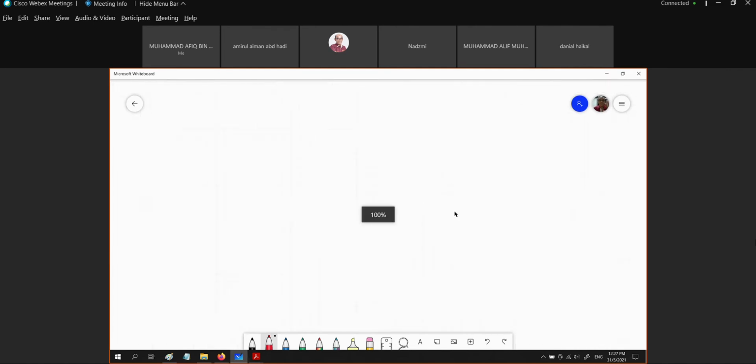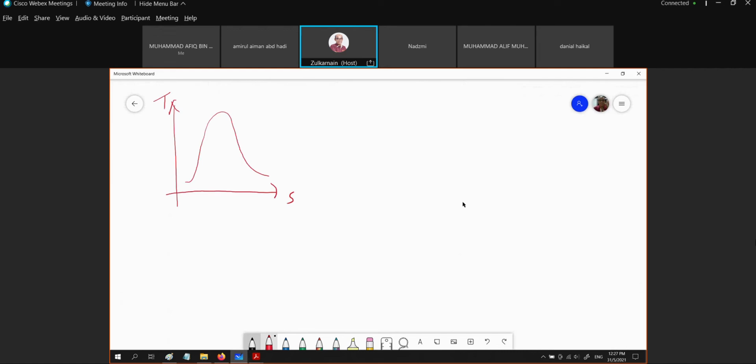Okay. Now, let us look at the state 4. If you look at the TS diagram, okay, this particular cycle, let's say this is our cycle. This is 1, this is 2, this is 3, this is 4.